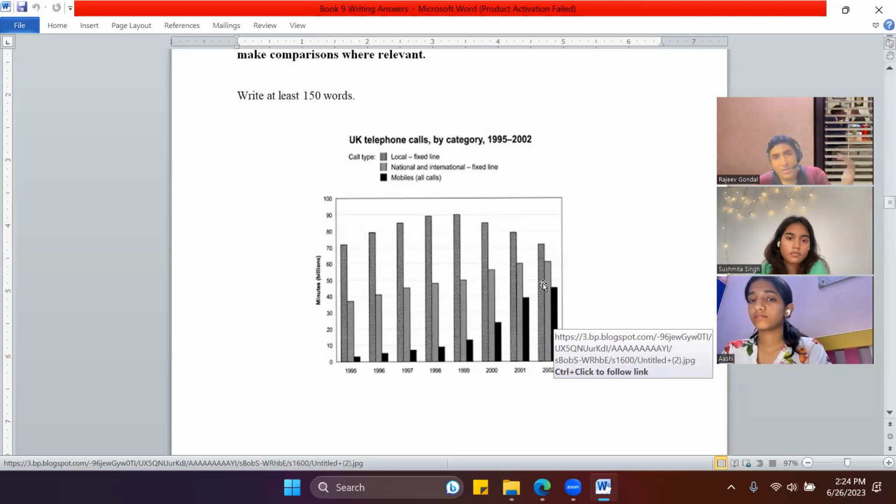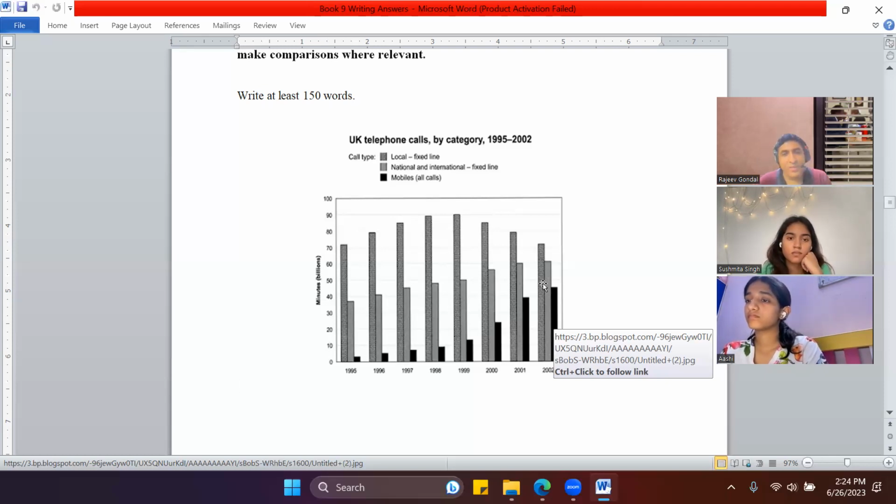So you'll talk about the peak that was observed in 1999. It has formed an umbrella type of structure with the peak in 1999, but after that there is a fall. Then you can talk about national and international. This is again showing a rising graph, but it's kind of a linear growth.